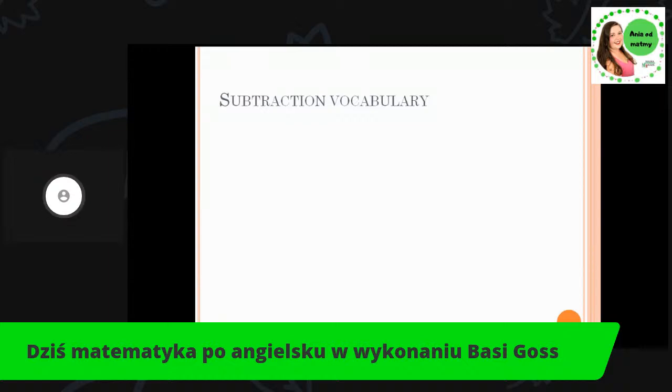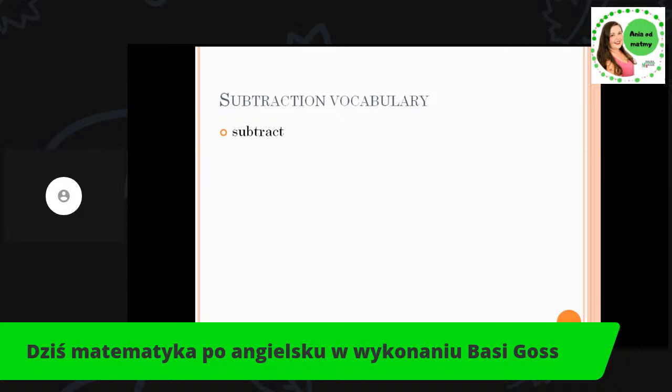At the moment, at the beginning of the lesson, what is our subtraction vocabulary? Which words do we know we can use for subtraction? The word subtraction, the verb for subtraction would be subtract.